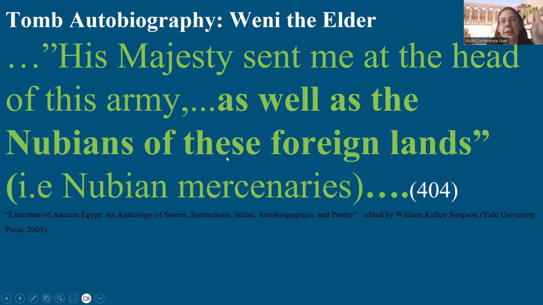And what we think he means here is Nubian mercenaries that were employed or utilized by the Egyptian state somehow. And again, this tomb autobiography dates to the Old Kingdom. So even as far back as the Old Kingdom, we're seeing different levels of complexity and different people's aims and desires from Nubia or Kush in dealing with and interacting with the Egyptian state.